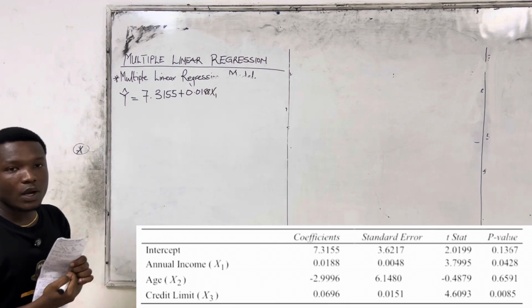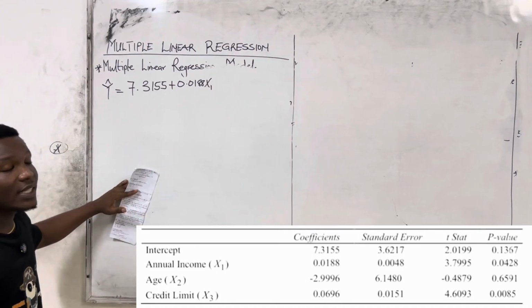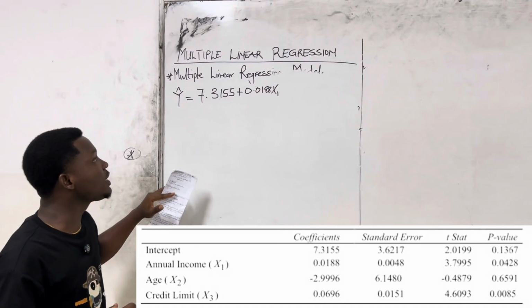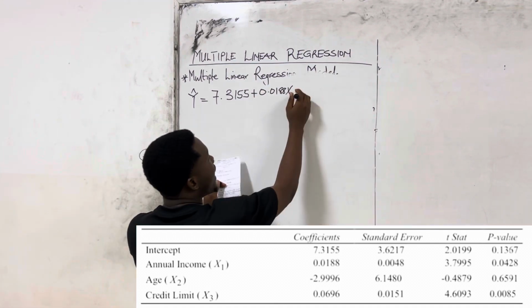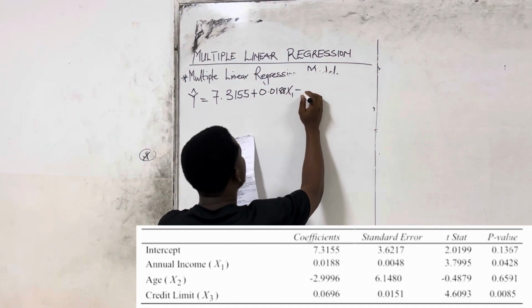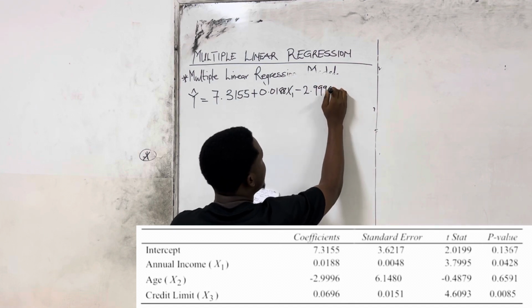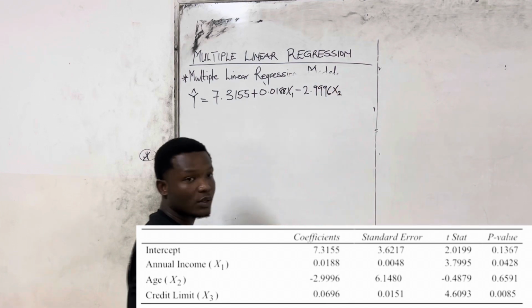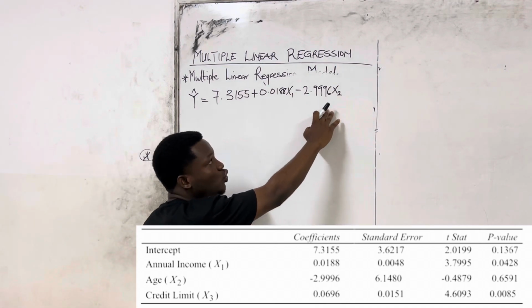The third one is age. Age has been given to us in negative form, so we state it the way it is in the Excel: negative 2.9996 times X2, because age is represented by X2.